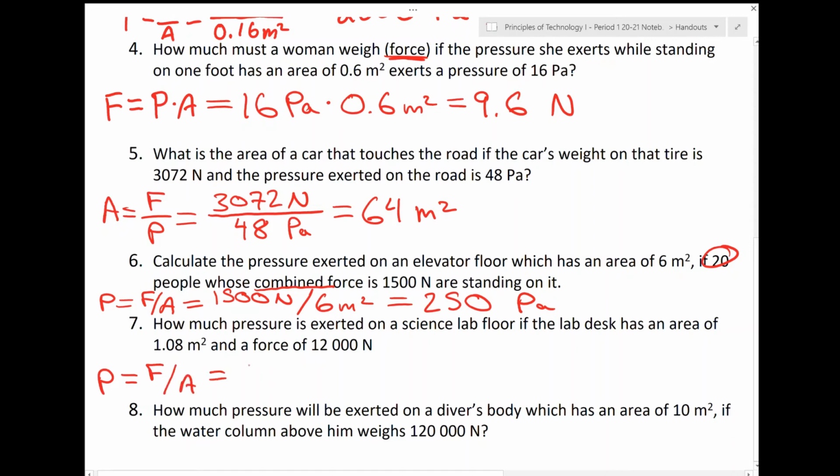Our force is 12,000 newtons, the weight of the desk, divided by its area of 1.08 square meters. 12,000 divided by 1.08 gives you 11,111.11, repeating, though we don't really care about the repeating, newtons per square meter, which is a pascal.